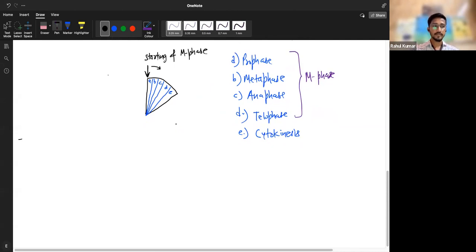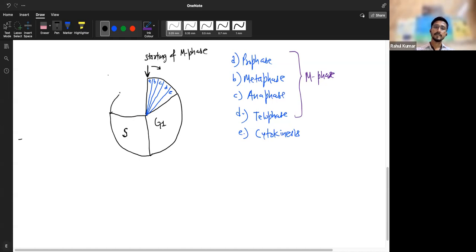After the M phase, there are two things that can happen. So the cell goes into a very long stage, which is called G1, growth phase 1, which has an S phase, called synthesis phase.